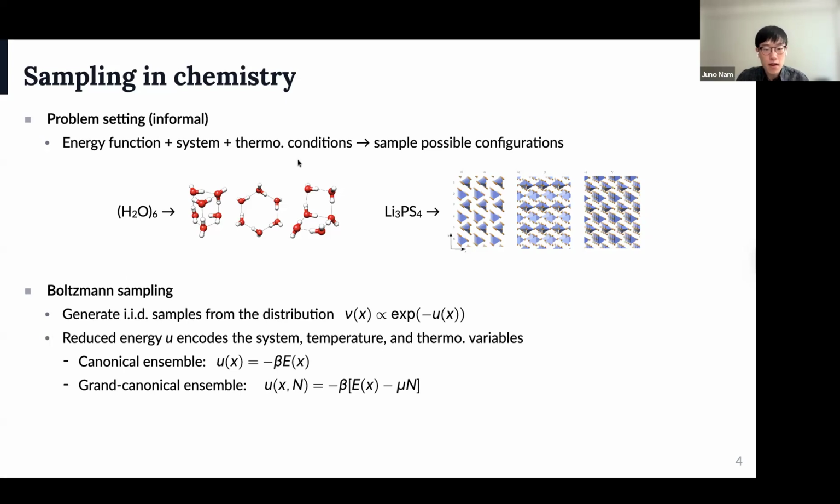Usually, we start from the canonical ensemble, where we are given the number of particles, the volume and temperature, in which case the reduced energy for the Boltzmann distribution becomes minus beta times E, where beta is the inverse temperature parameter.